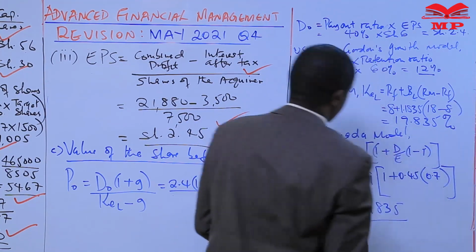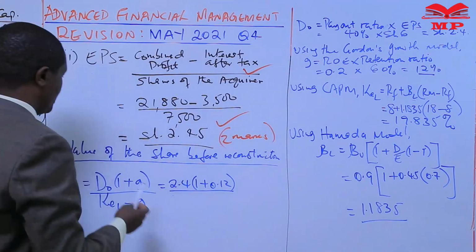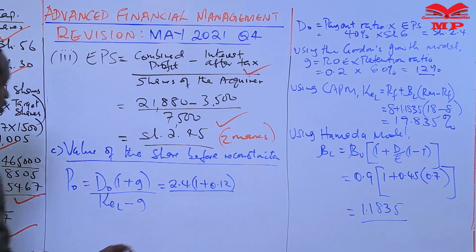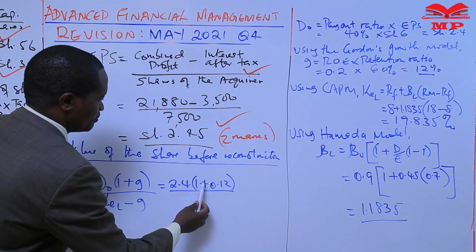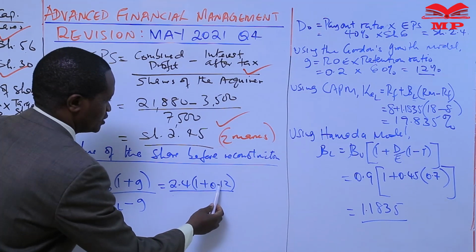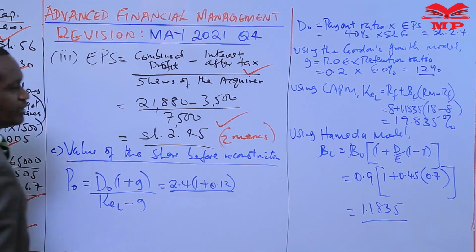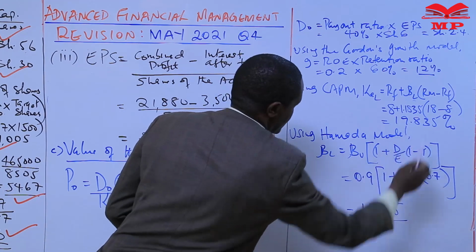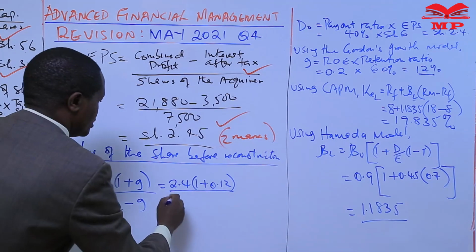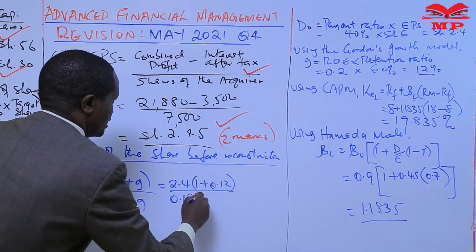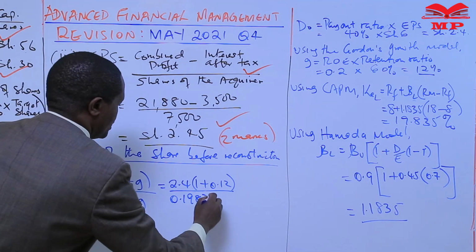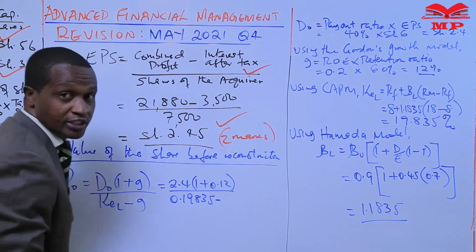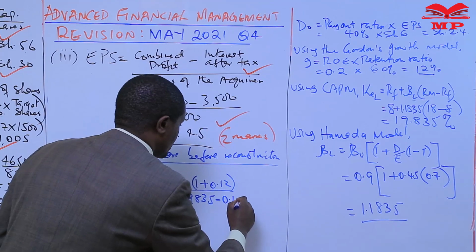19.835%. Therefore, candidates, the value of the share before reconstruction will be equal to 2.4 into 1 plus 0.12, divided by 19.835%. When converted into decimal, this will be 0.19835 minus G, the growth rate of 12%, converted into decimal, 0.12.